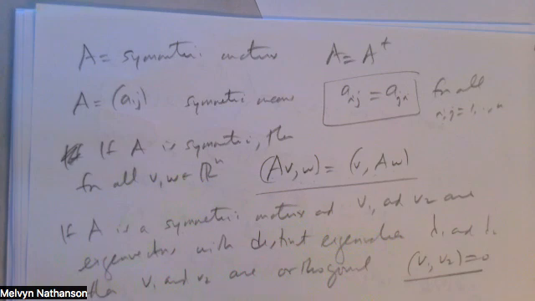So I want to show that if we have a symmetric matrix or a symmetric linear operator, eigenvectors with distinct eigenvalues are orthogonal to each other.